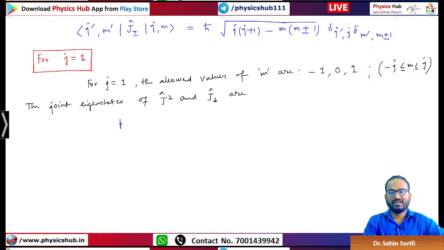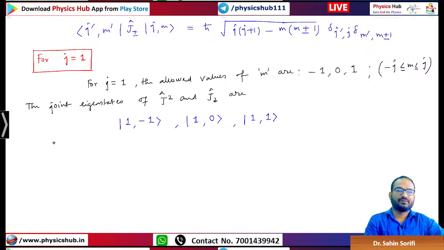So what will be the eigenstates of J square and Jz? |1 −1⟩, |1 0⟩, |1 1⟩, by writing the J and M values. For one J value, we will get three M values. So three kets will exist. So what will be the J square matrix now?